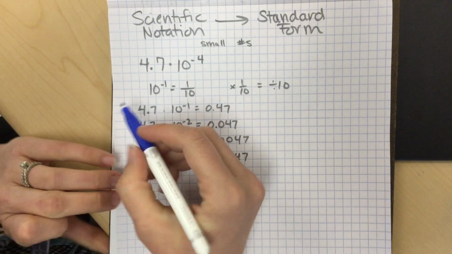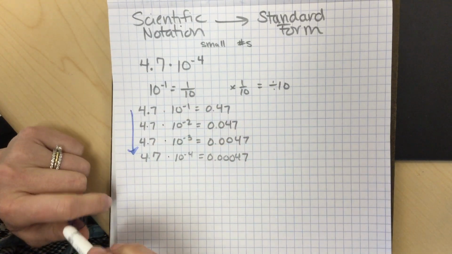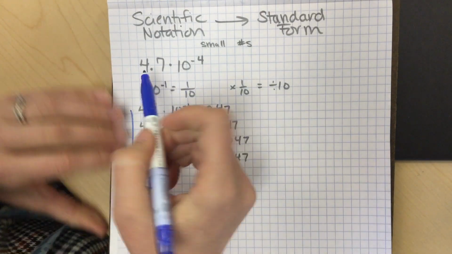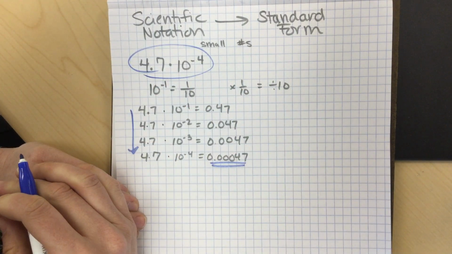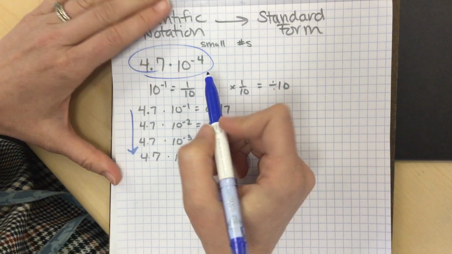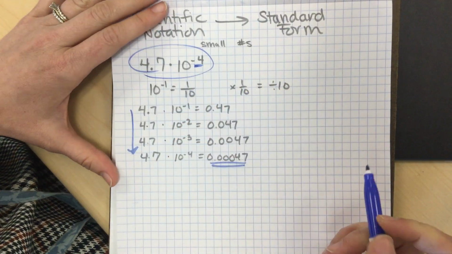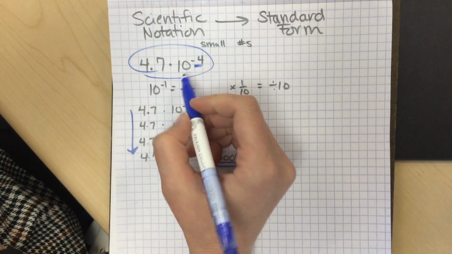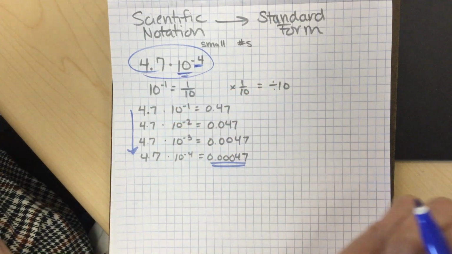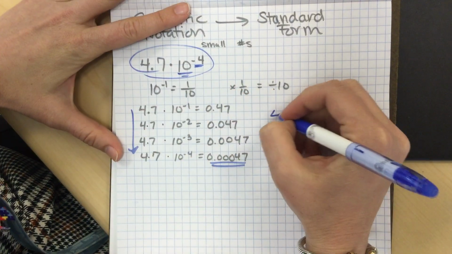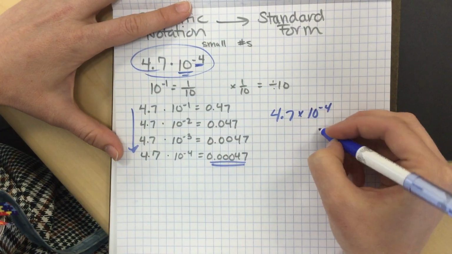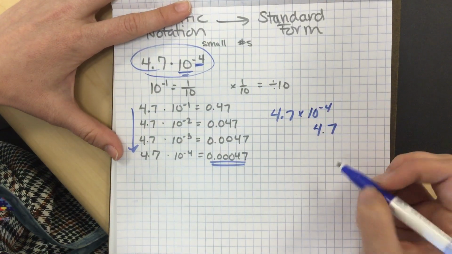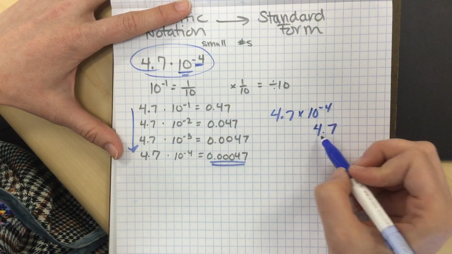So this is just the work that you can do to see how we can get from this number here to the final answer, which is right here. Okay, so remember we talked about how that negative 4 is the place values because of our base 10 number system. So additionally, if I took 4.7 and multiplied it by 10 to the negative 4th, I could focus simply on my place value.